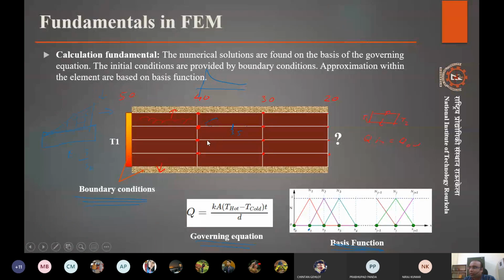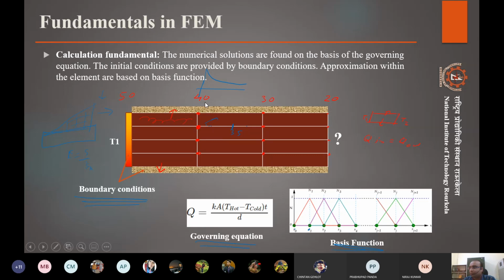Now how do we calculate any value in between these nodes in one dimension? What will be the basis of that? Like how we approximate? The easiest way can be that we average it out, right? So if the distance is d, the gradient between this will be 40 minus 30 by d.